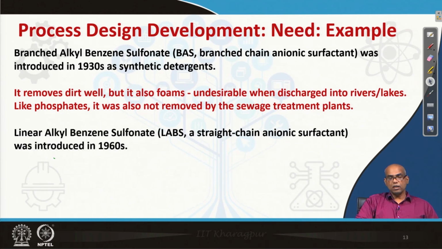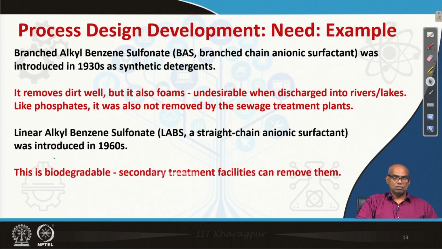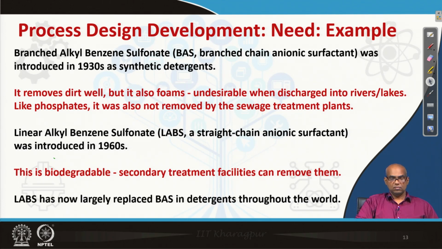Linear alkyl benzene sulfonate, which is a straight chain anionic surfactant, was introduced in the 1960s. This is a biodegradable product, so secondary treatment facilities can remove them. The linear alkyl benzene sulfonate has now largely replaced branched alkyl benzene sulfonate in detergents throughout the world.